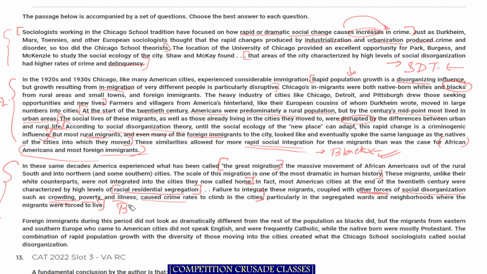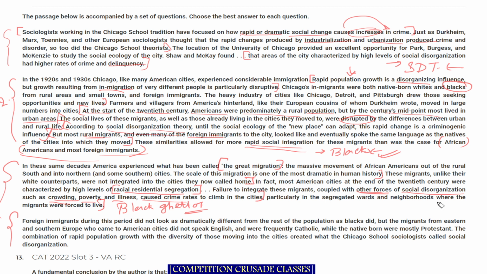Ghettos, again, is not a very good word to use, but that's the meaning. The last para should conclude the entire thing. Foreign immigrants during this period did not look as dramatically different from the rest of the population as blacks did, but the migrants from Eastern and Southern Europe who came to American cities did not speak English and were frequently Catholic.